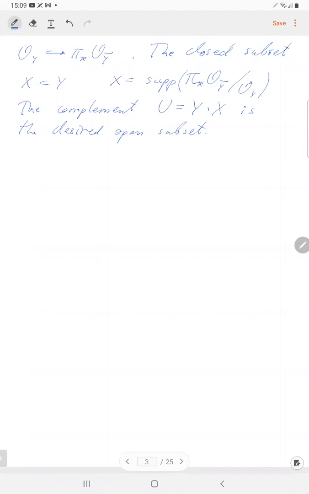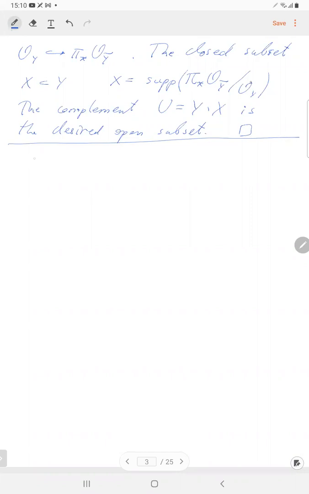So for any point in U, the local ring at this point is already integrally closed. So the property of being a smooth point is open. We proved that the smooth locus is open dense, and the normal locus is also open dense, but in general they are different.